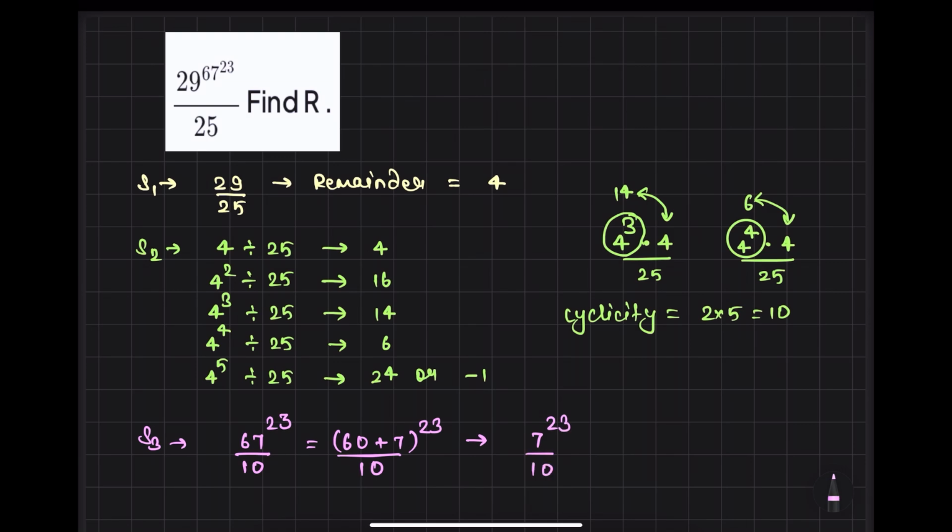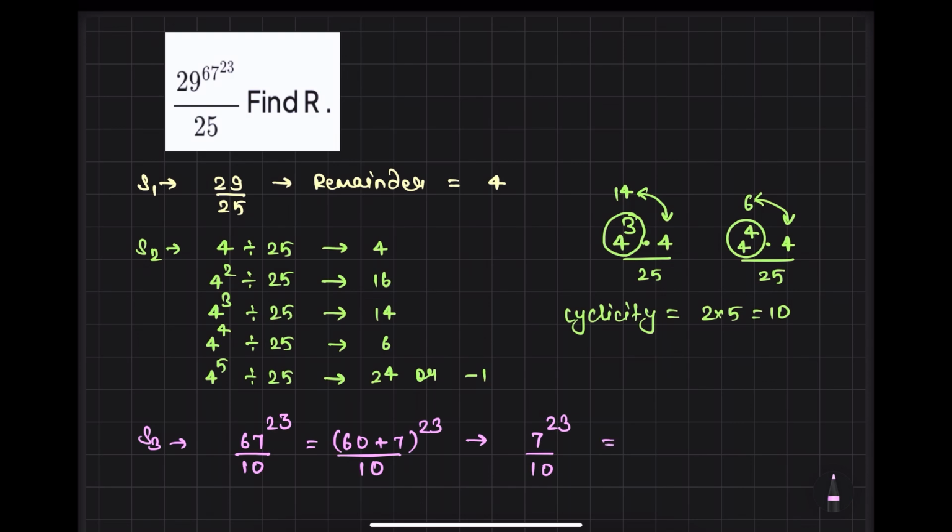Now you know that this time the numerator is bigger than the denominator, so you have to start reading the table of 7 and get closer to 10. So 7 times 7 square is 49, and 49 is close to 50, which is divisible by 10.